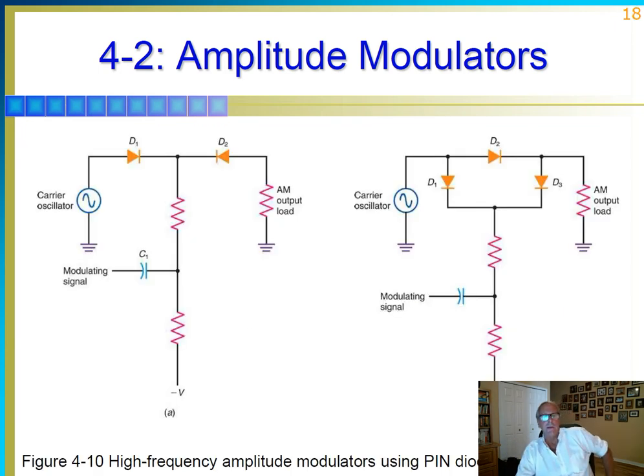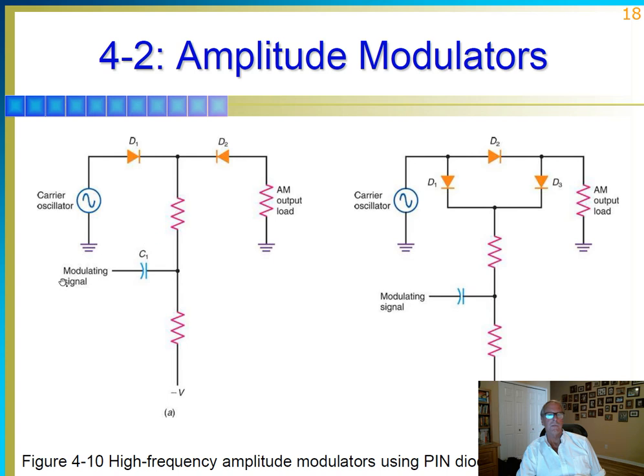You have to hook them up like this. There are two pin diodes here, and there's another way of doing it here. But basically your modulating signal is changing the bias on these diodes, which is in turn amplifying or attenuating the carrier oscillator. It's mostly attenuating, obviously.